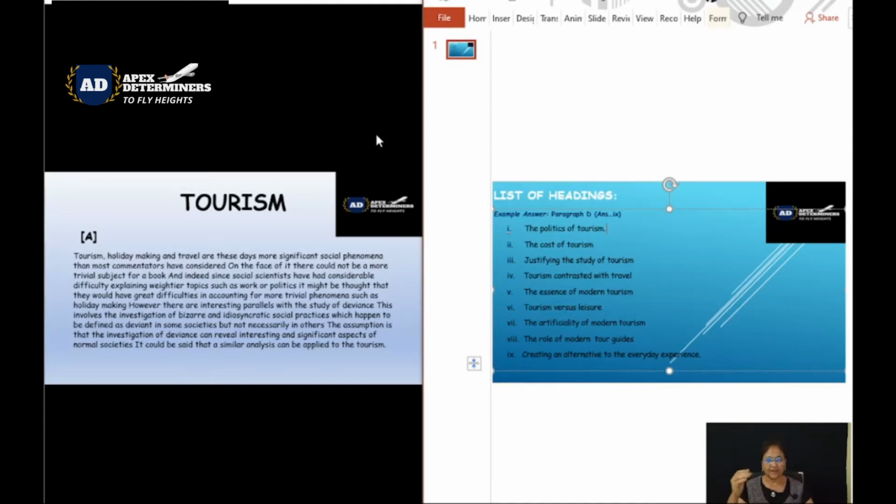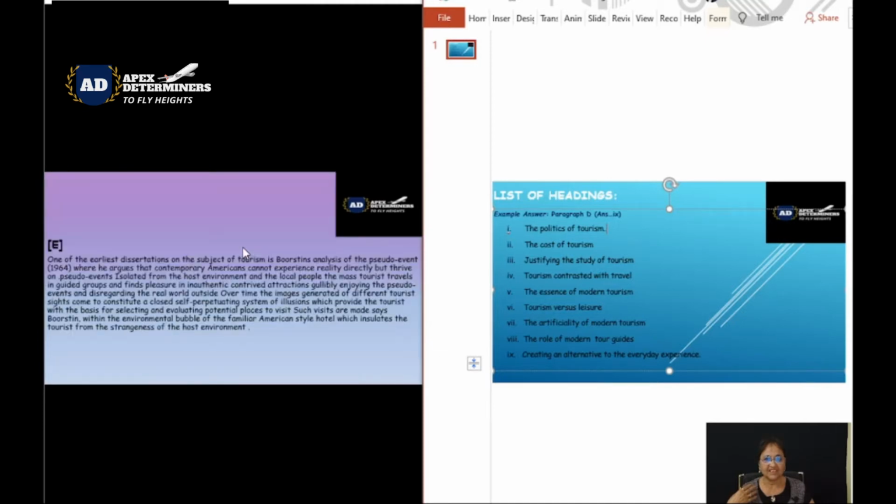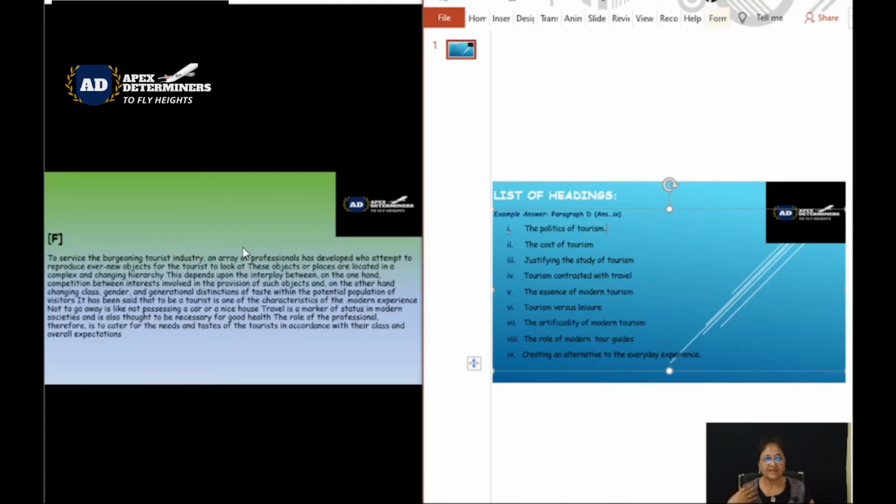Now, after you have got an understanding of what the heading is about, you'll go down the page and see how many paragraphs are given for this heading. So we can see A, B, C, D, E and F. Okay, so that gives you 5 paragraphs.